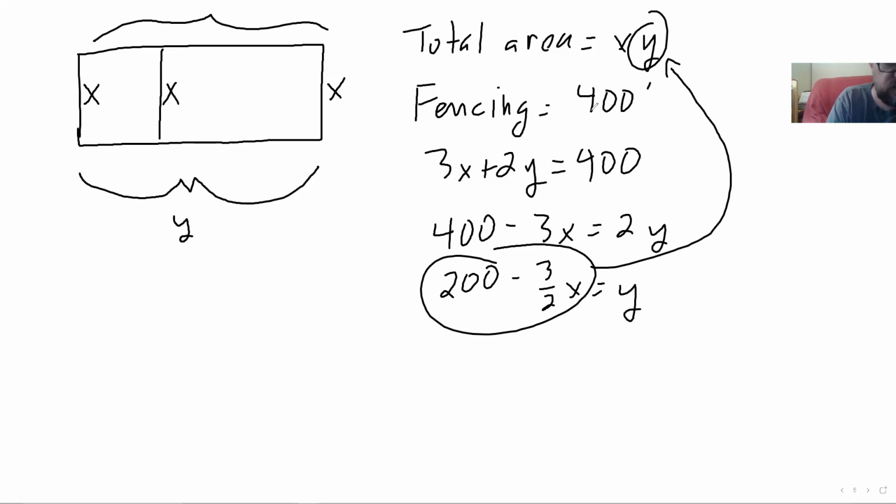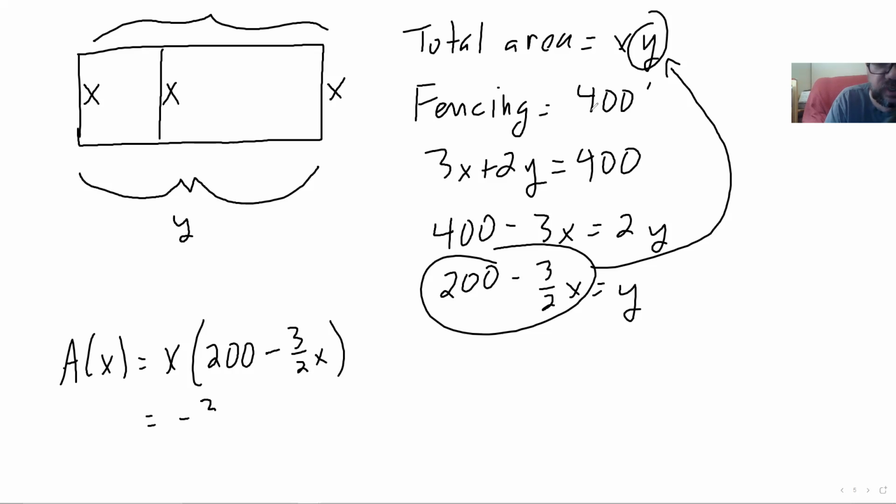So I can say that area, let's say A of x for area, is x times 200 minus 3/2 x, which I'm going to multiply all out. So this is minus 3/2 x squared plus 200x.